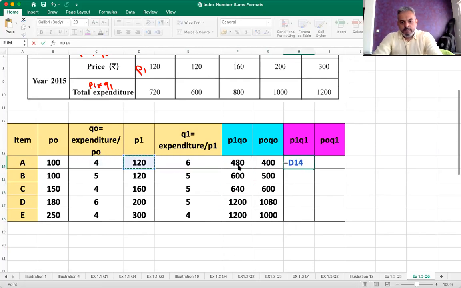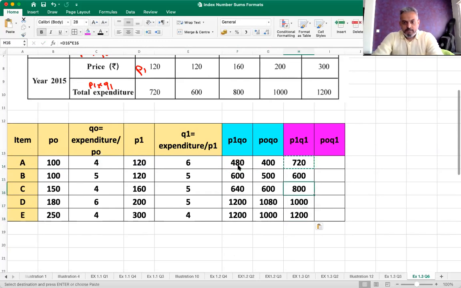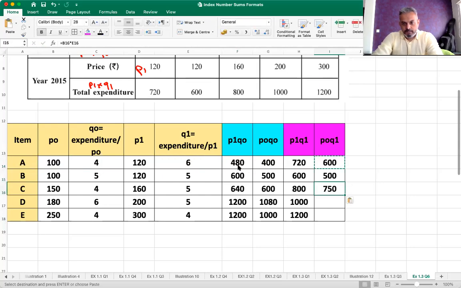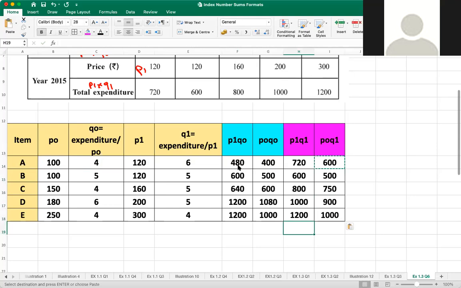P1 into Q1. P0 into Q1. And then the totals.